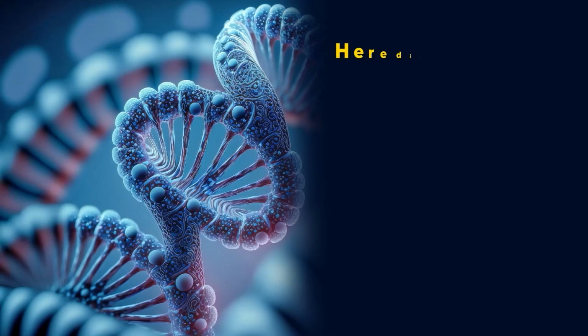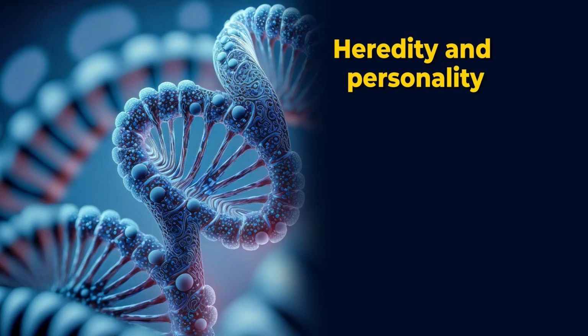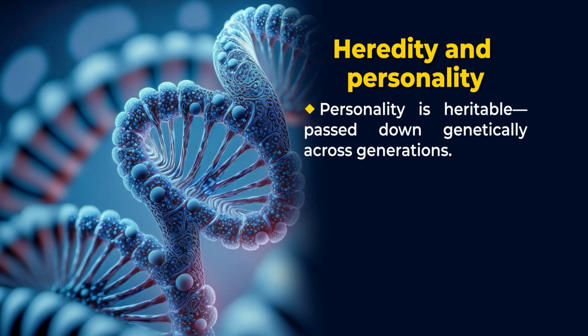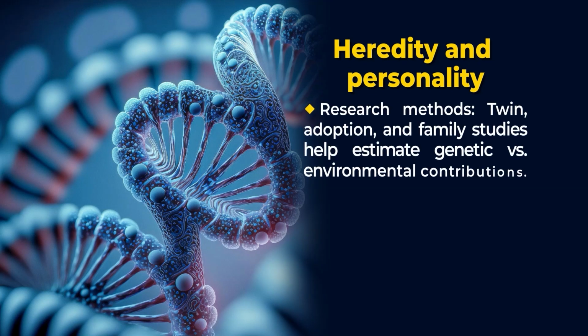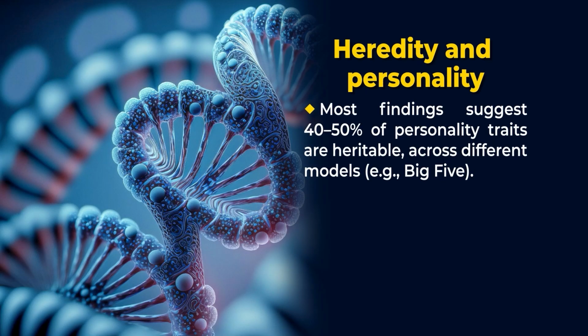Heredity and personality are also related, which means that personality is heritable. It is passed down genetically across generations. Research methods used to study the influence of heredity on personality include twin studies, adoption studies, and other family studies. They help us estimate genetic versus environmental contribution. Most findings from these studies suggest 40 to 50% of personality traits are heritable across different models.